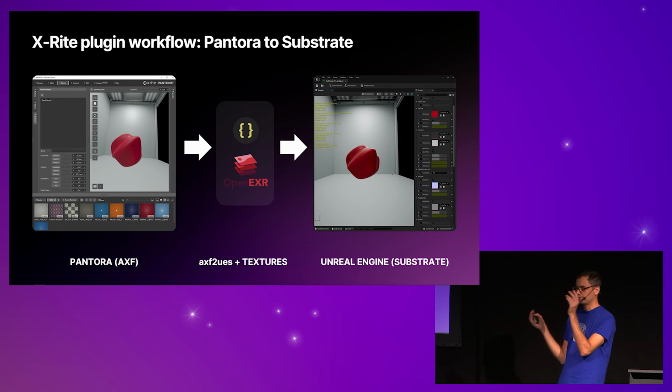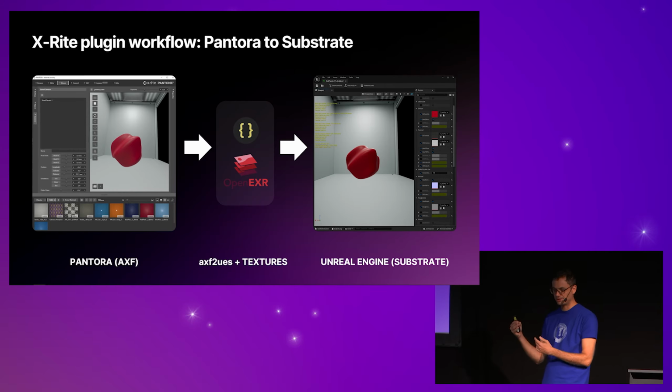So they could, with our help, make custom materials that fit their own surface representation. And then they use the Interchange framework to make their custom translator. So they make their own translation with Interchange, so they can read their own file formats and then generate their own materials using Substrate. So leveraging both Interchange and Substrate, they could quickly set up a plugin where you can read their own custom material and generate Substrate material in the engine.